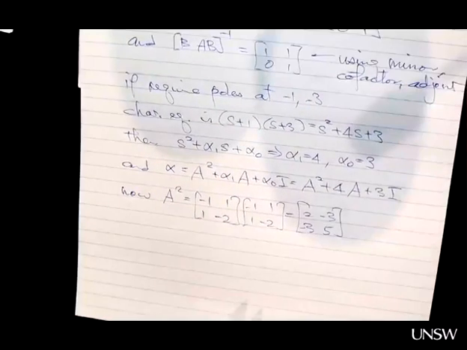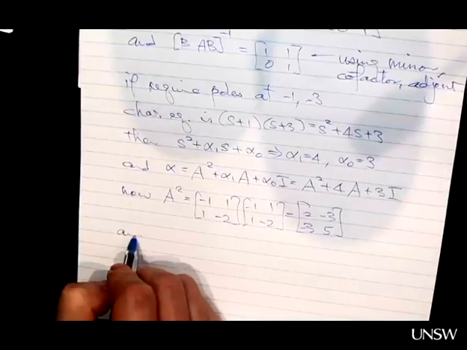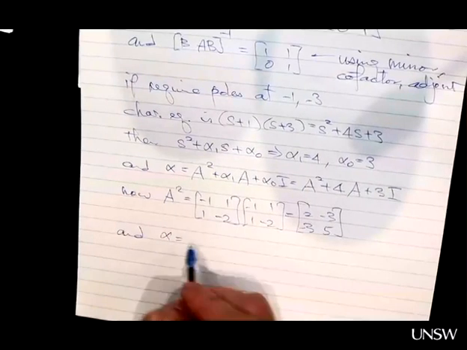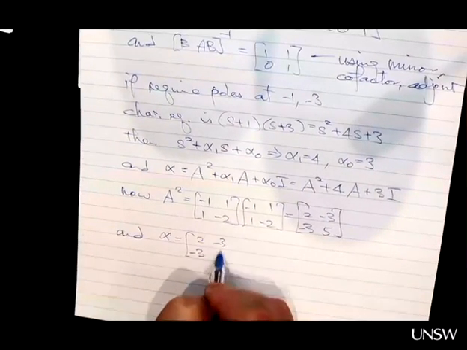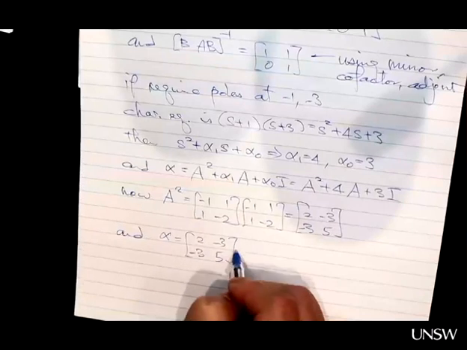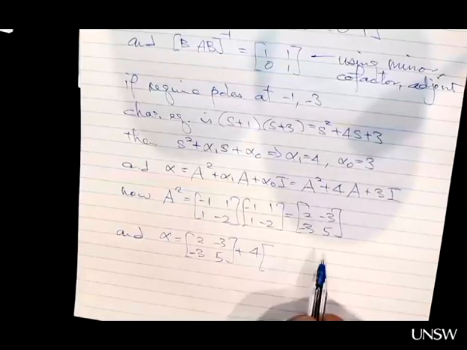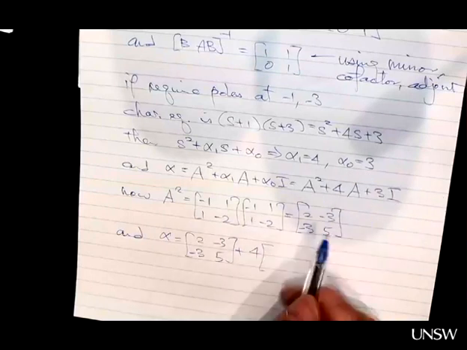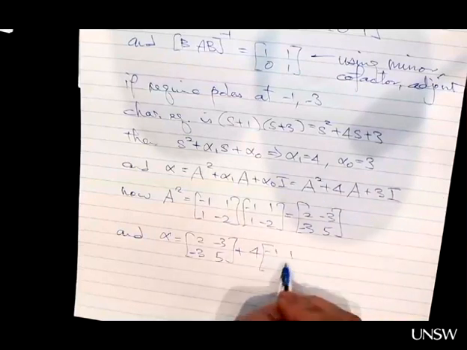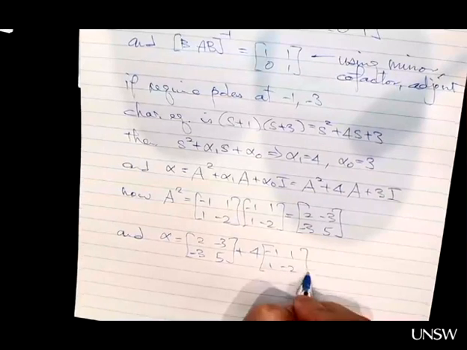And we also have the alpha matrix equals 2, minus 3, minus 3, 5, 4, and then that is the A matrix. And then 3 times the unity matrix.